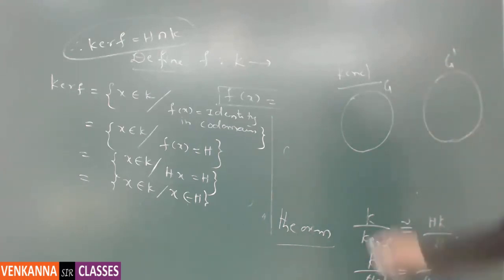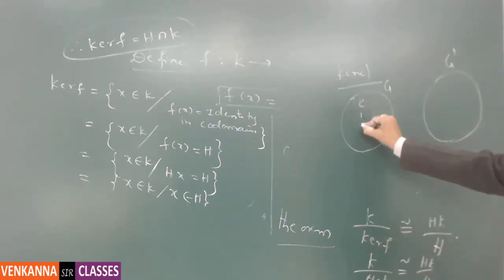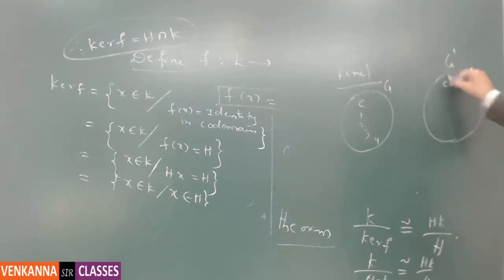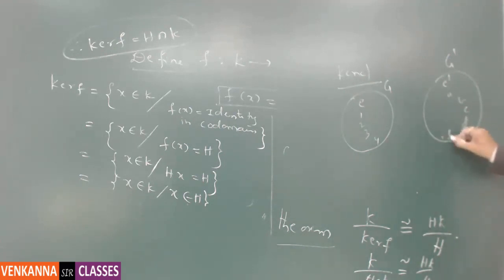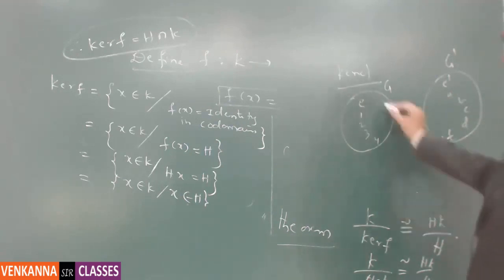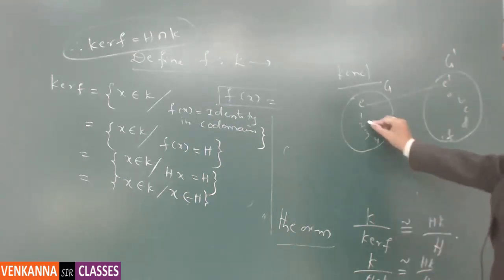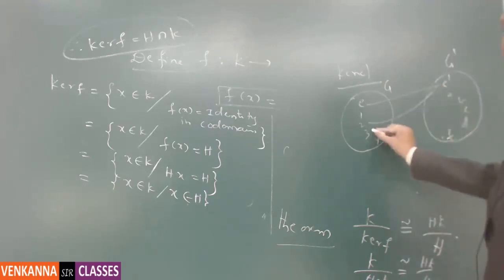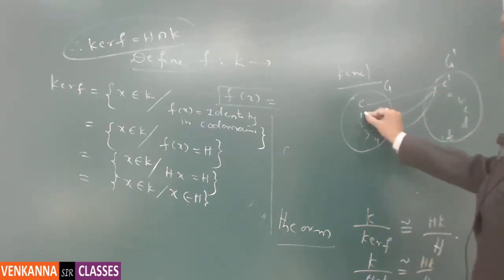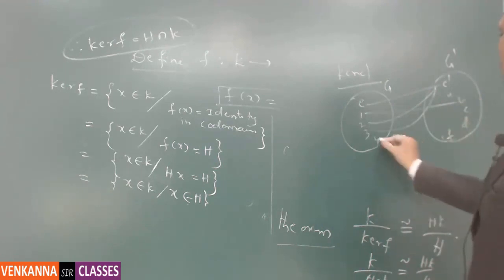In the group I have taken the elements e, 1, 2, 3, 4, and in the codomain I have taken the elements e dash, a, b, c, d, e, or f, let us say. Now I am pairing them. Always identity is paired with identity. So I have paired 3 also with identity. I have paired 1 with b and 4 with f.